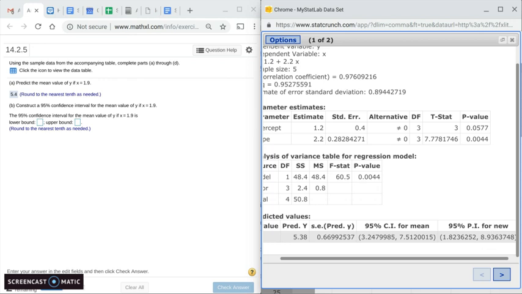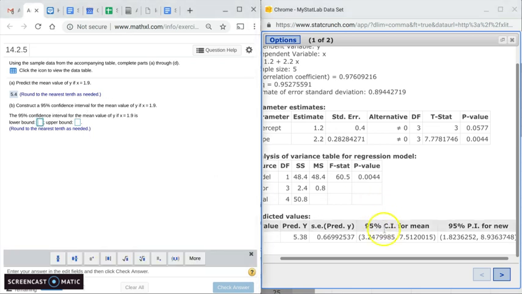The standard deviation is going to be more when we're just making a one-off prediction, rather than when we're averaging a bunch of the y values together in a sample. So the 95% confidence interval for the mean value is going to be this one right here. Okay, once it's rounded to the nearest tenth, 3.2 and then 7.5.